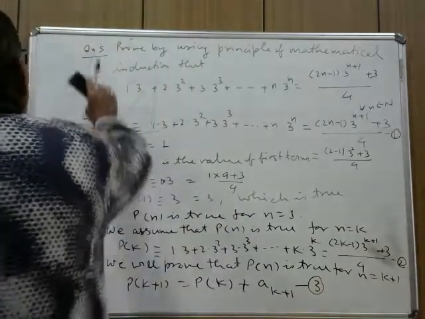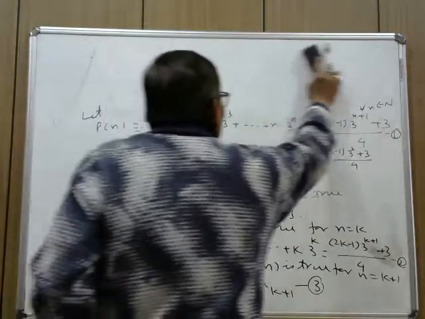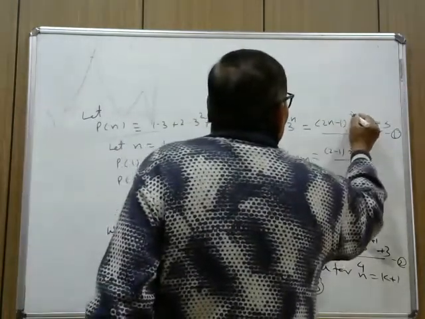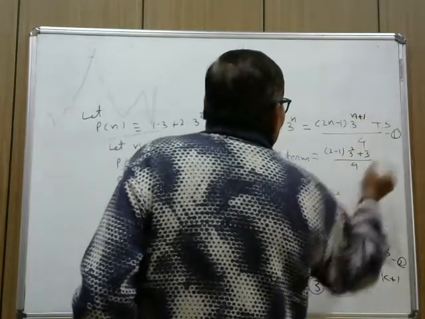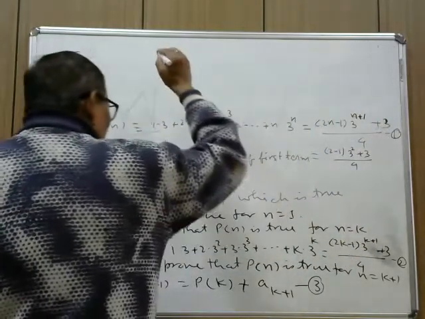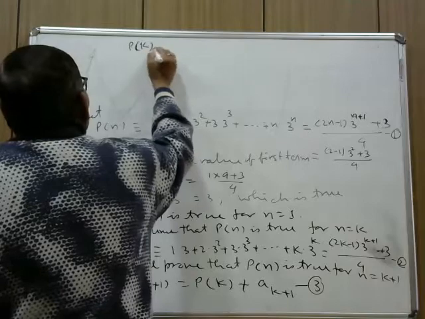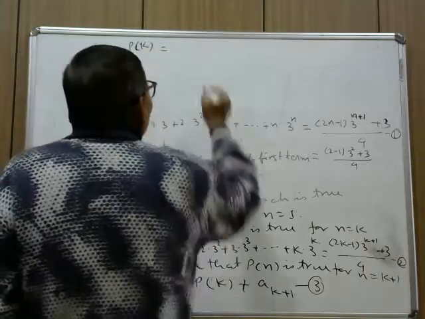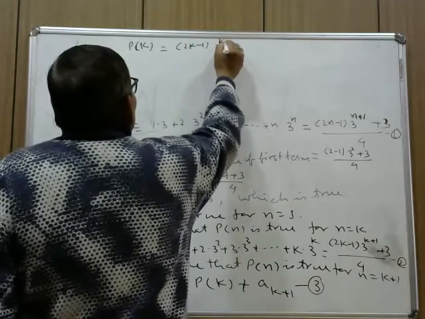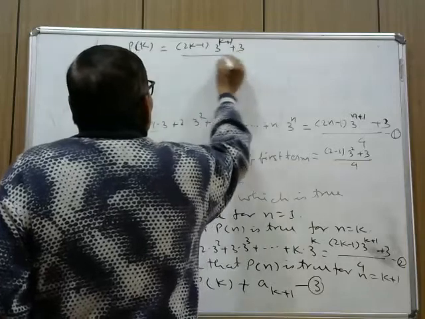Now your Pk is obtained from second: Pk is equal to (2k minus 1) into 3 to the power k plus 1, plus 3 by 4.